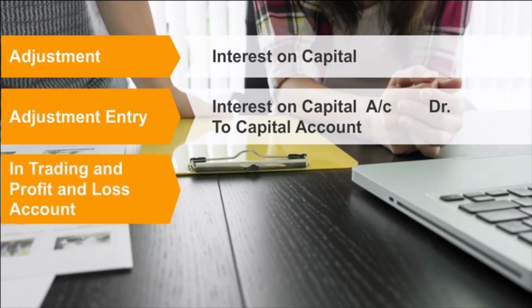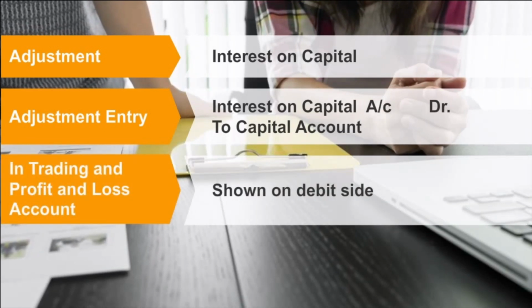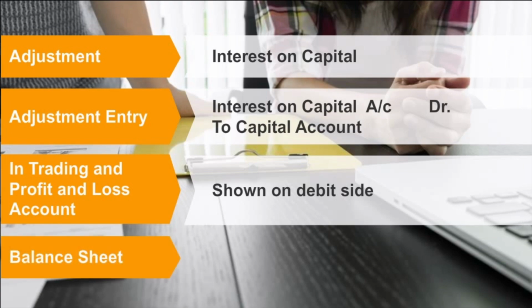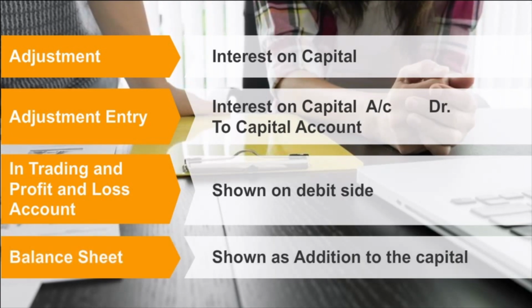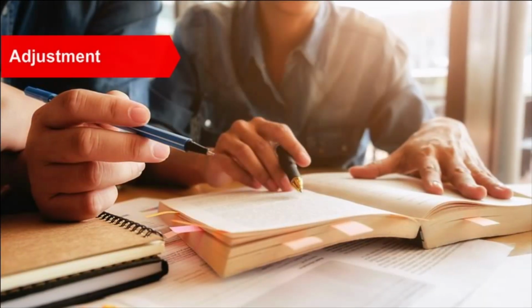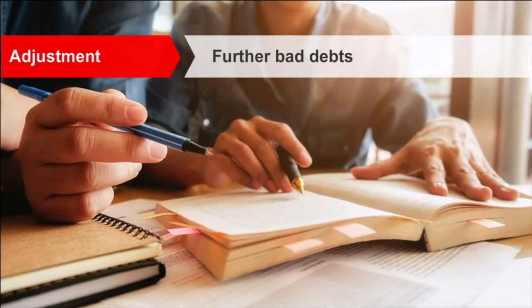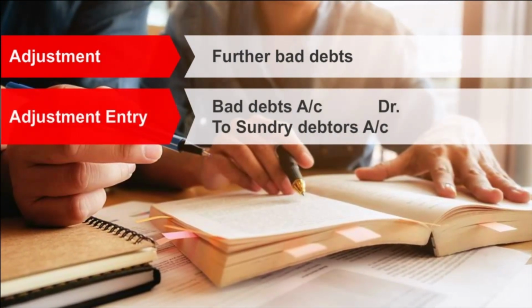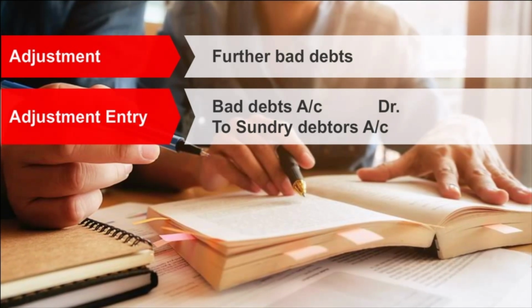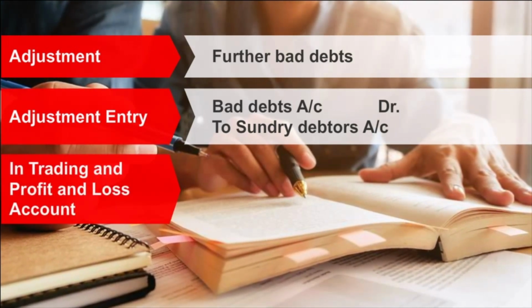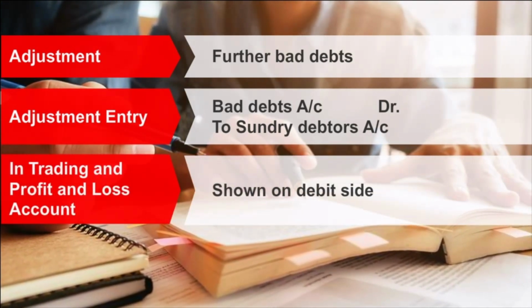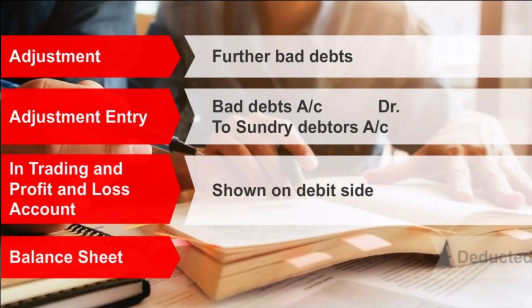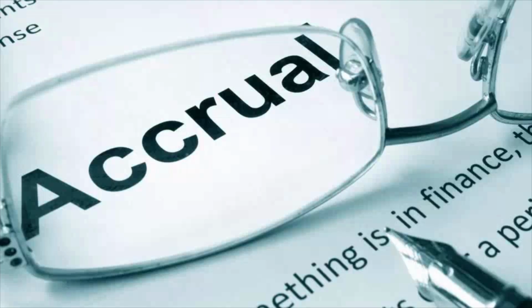In trading and profit and loss account, shown on the debit side. Balance sheet: shown as addition to the capital. Adjustment: further bad debts. Adjustment entry: bad debts account debited to sundry debtors account. In trading and profit and loss account, shown on the debit side. Balance sheet: deducted from the debtors.